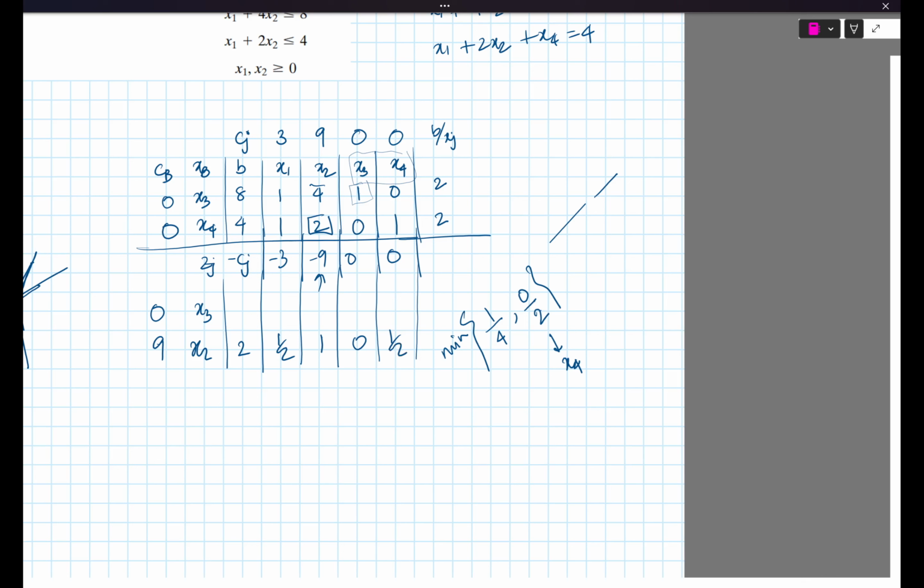And I can do this minus 2 times this. So this is 0, 1 minus 1, 0, 1 minus 2.